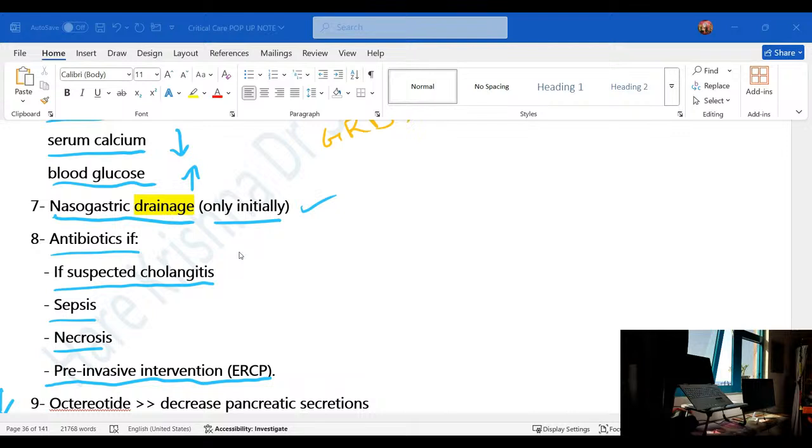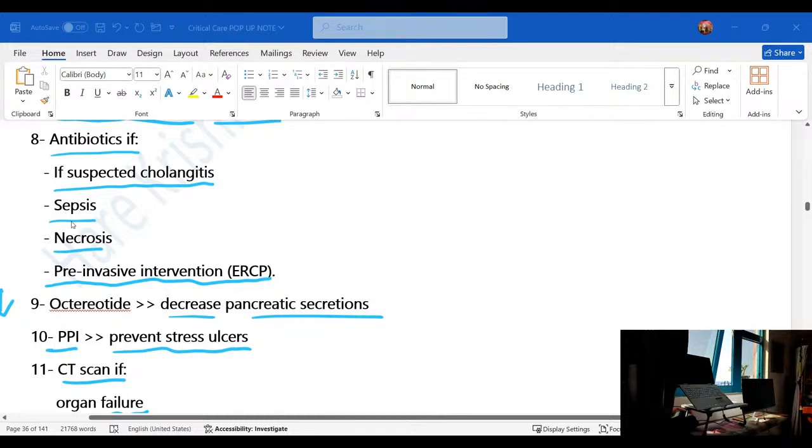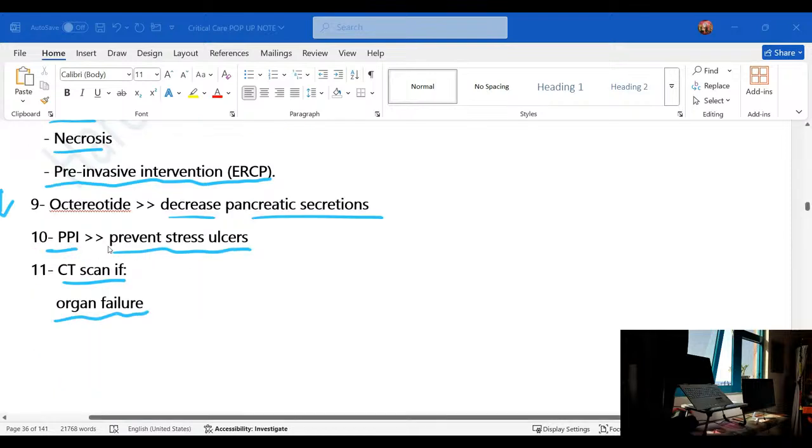Then diet planned with the dietitian, preferably enteral. If severe case, then total parenteral nutrition. Antibiotic only after discussing with the microbiologist and checking hospital policy. Octreotide decreases pancreatic secretion, PPI prevents stress ulcer.